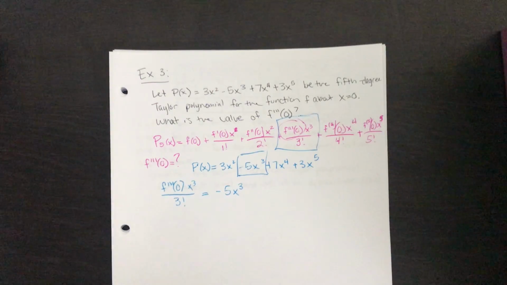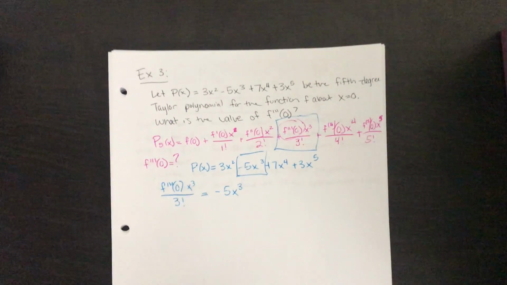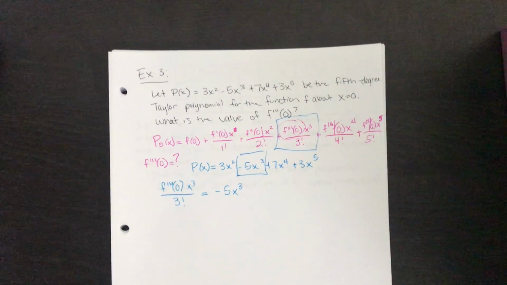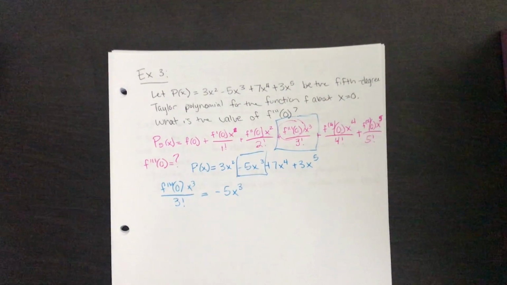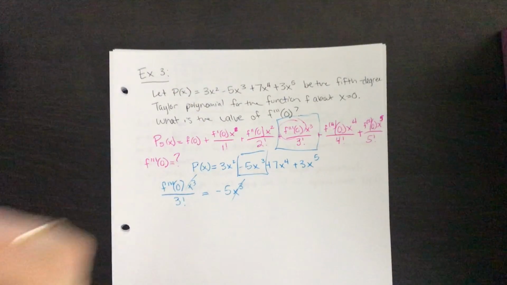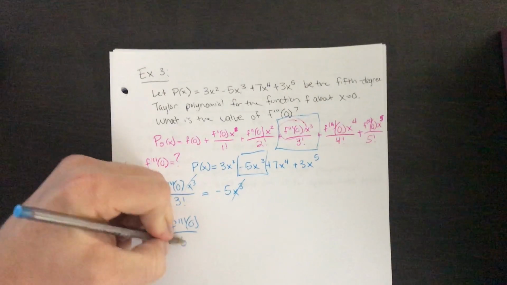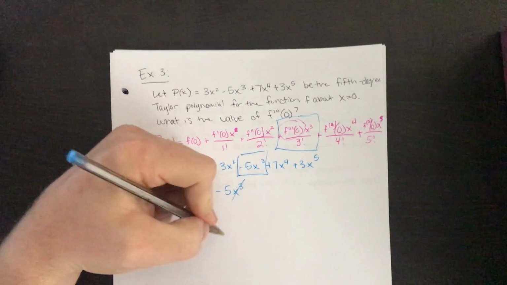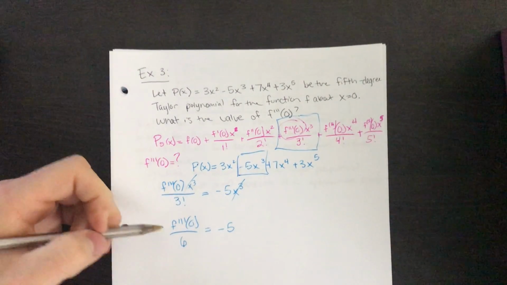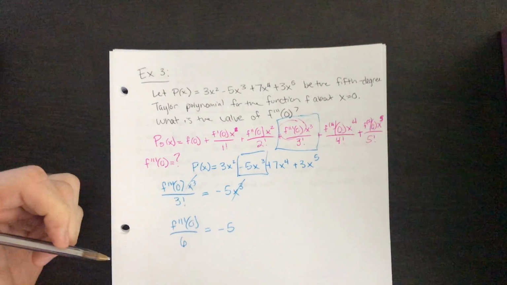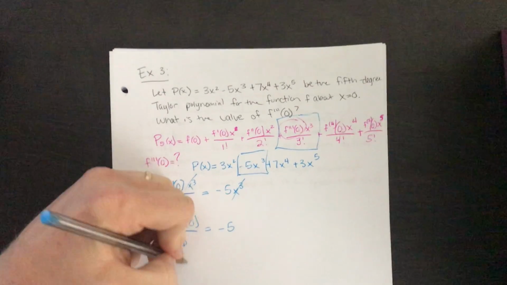The reason for that is because we're taking the x to the third terms and their coefficients have to be equal. So ultimately, we can get rid of the x to the third things. 3 factorial, I'm going to rewrite as 6, 3 times 2 times 1. So the third derivative of f evaluated at 0, over 6 equals negative 5, and now it's just one simple algebra step.